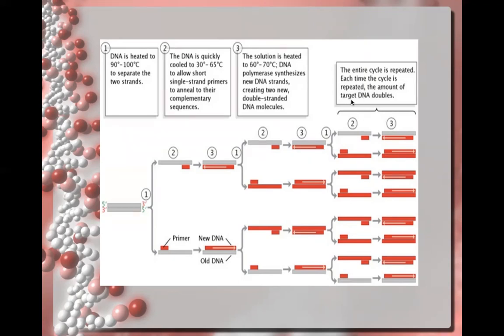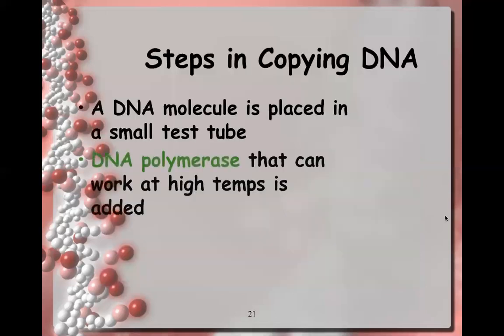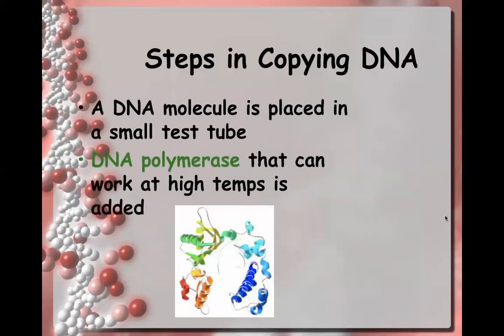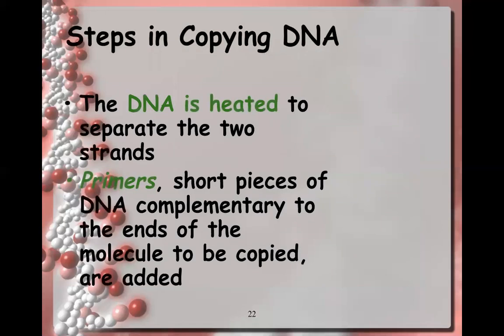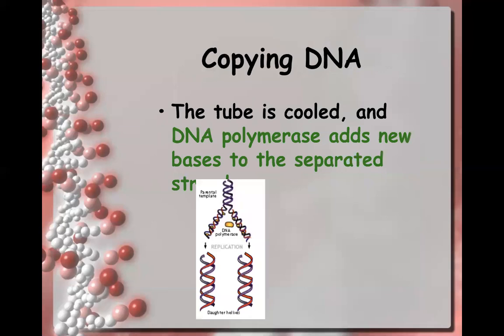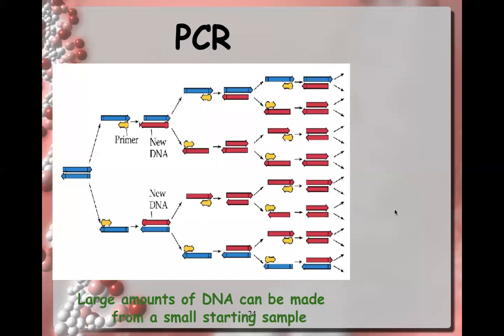And each time the cycle is repeated, the amount of target DNA doubles. Ayan. So again, these are the steps in copying DNA. So the tube is cooled and DNA polymerase adds new base sets to separate the genes.